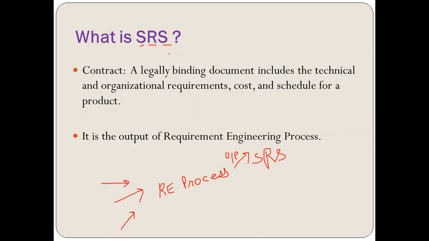Now, what is the software requirement specification? Software requirement specification is a legal document which includes technical, organizational requirements, cost, and schedule for a product. It is kind of a contract between the client and the contractor.